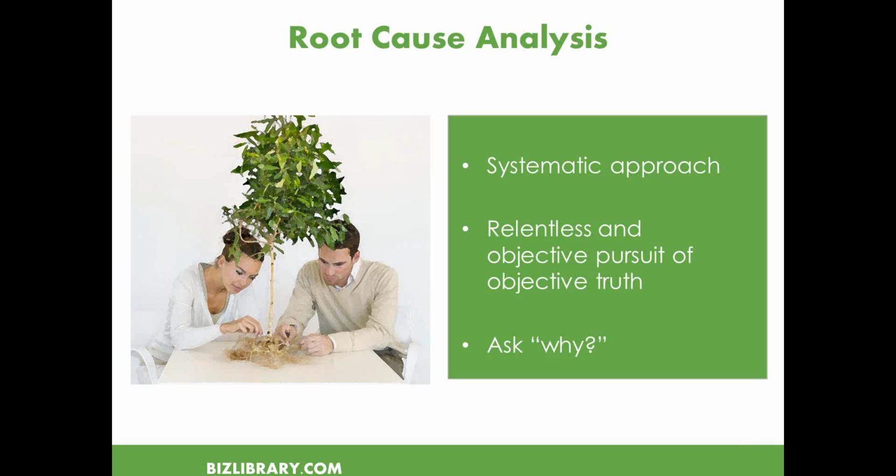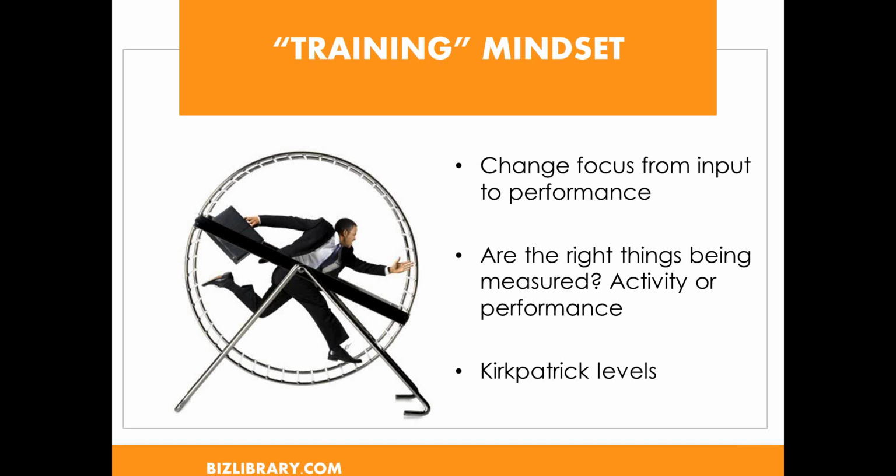Now, we just went through this quickly, but that's how you do a root cause analysis. You just keep asking why, and don't take the first answer. Dig in and keep digging until you get to what is really at the root cause of the problem. And you may have a training problem, you may have a blend of problems, but that's what it comes down to.